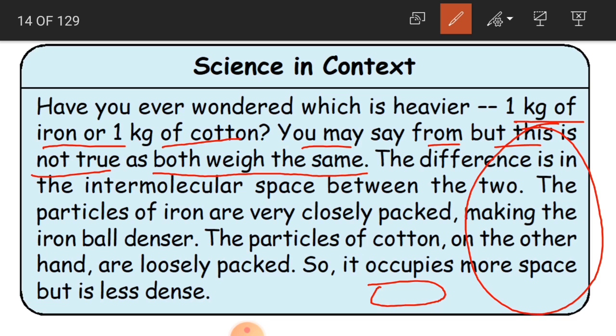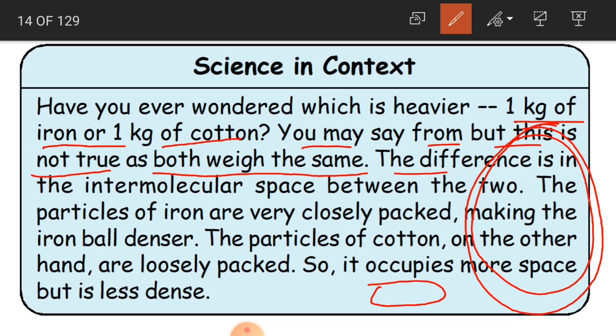Cotton is light in weight to look at, but iron is a little heavy to carry, that's all. But the weight is the same. When seeing them, we feel that cotton will be lighter, but in practical terms both have got the same weight. And the difference is in the intermolecular space between the two.